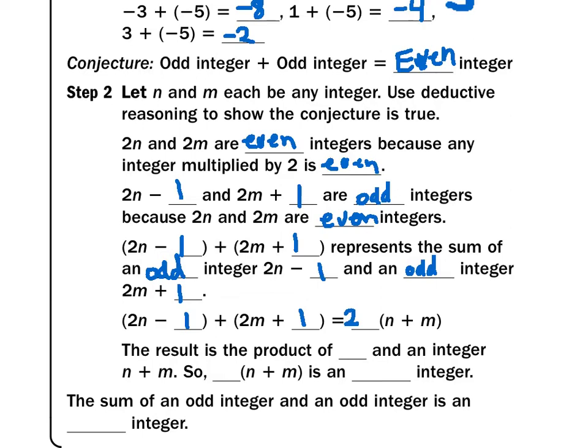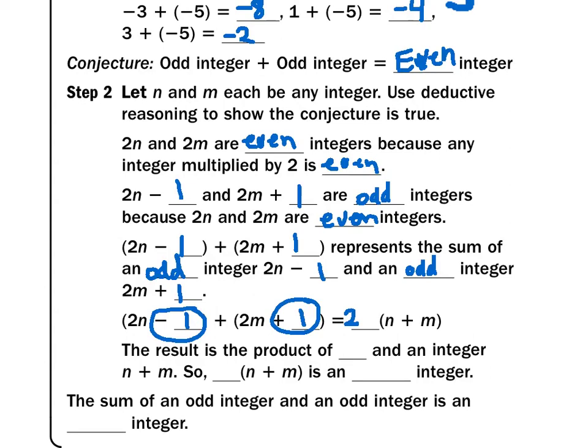We just did algebra with that because we could drop the parentheses, and then negative 1 plus 1 is 0. So then I could say 2n plus 2m, and then I just factored the 2 out.